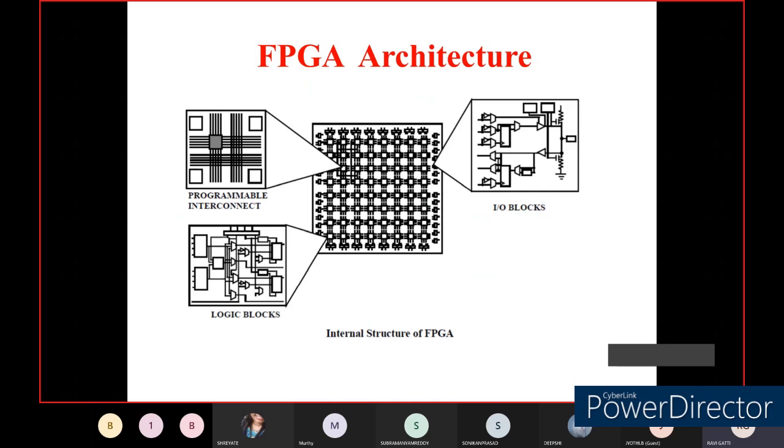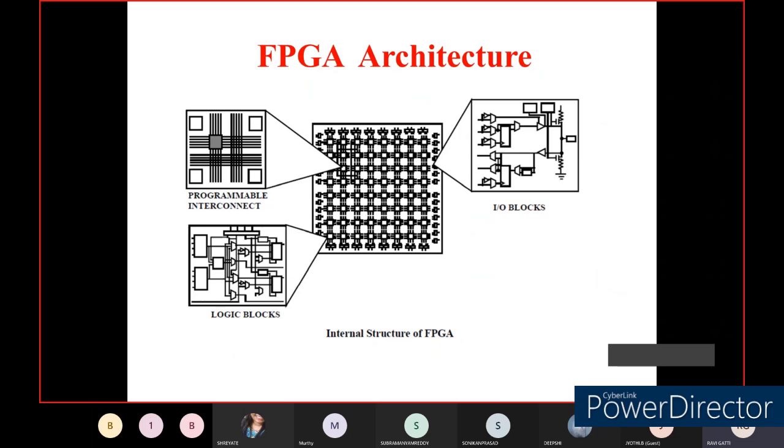Okay, the first one. So what do you mean by logic blocks? A logic block is nothing but a combination of multiplexers along with Boolean expression simplifications. It is the combination of multiplexers along with the gate arrays.